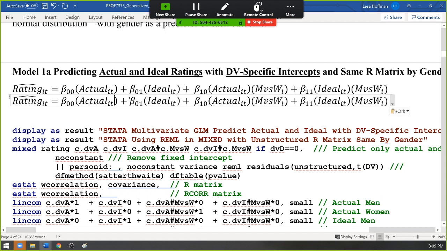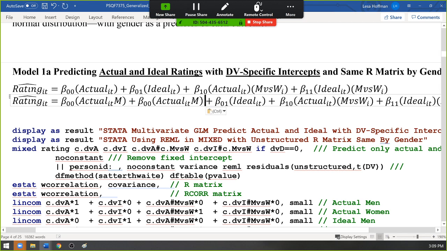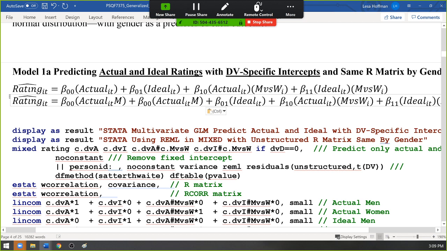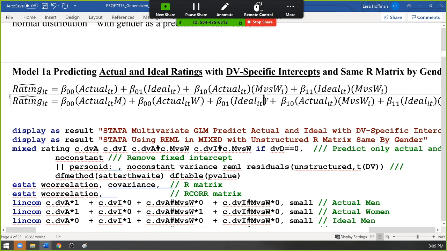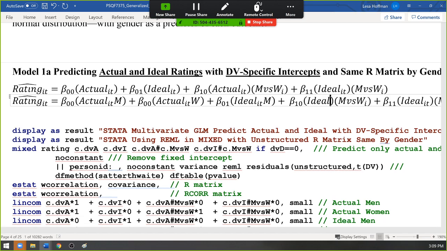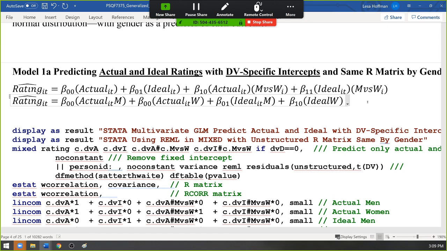You would have something like actual men, actual women, and then you would have ideal men, ideal women. And the rest of that would go away. Okay?